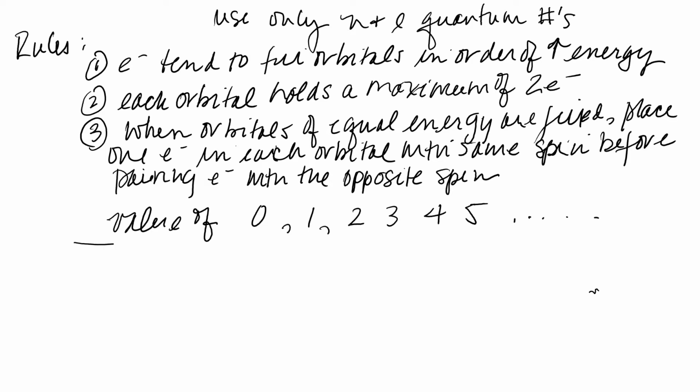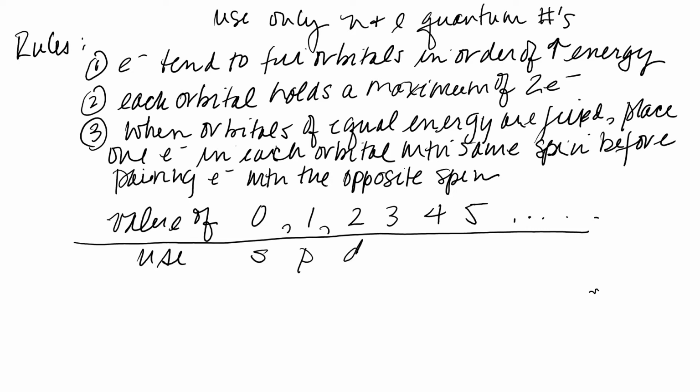The letter designations that correspond to these l quantum numbers, which we will use in the electron configurations, are s, p, d, f.